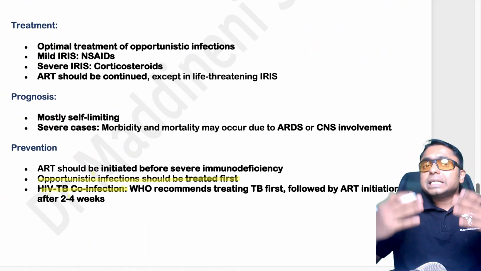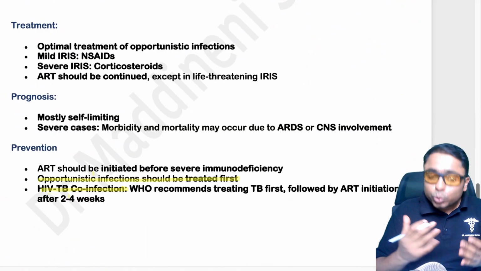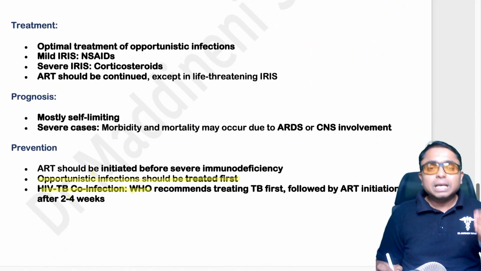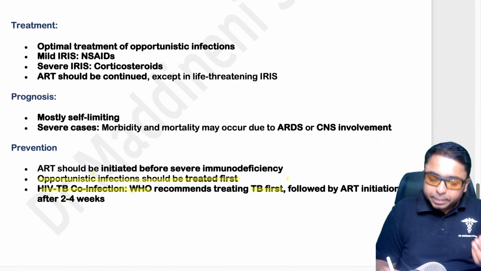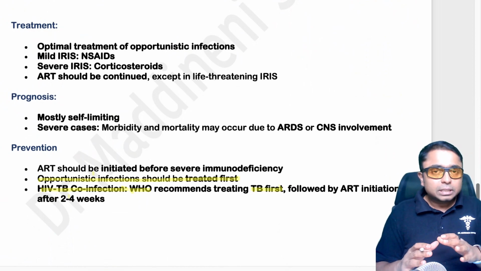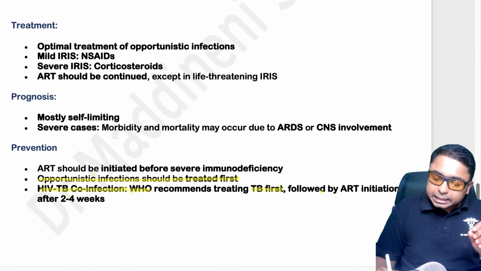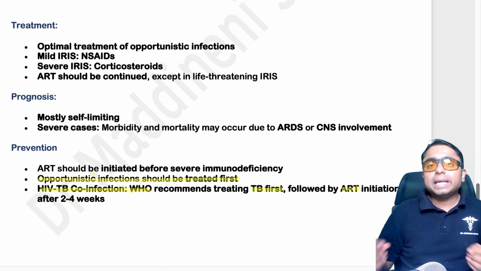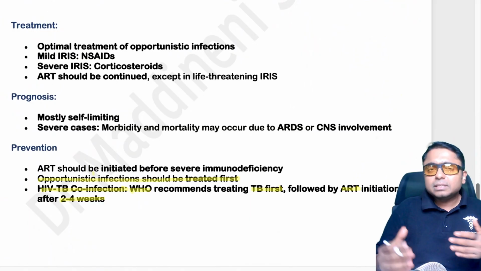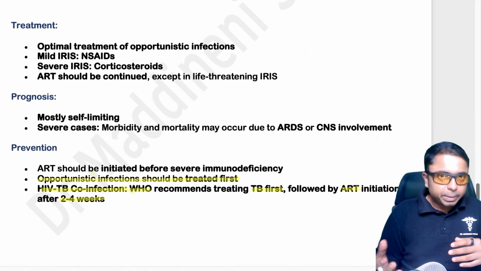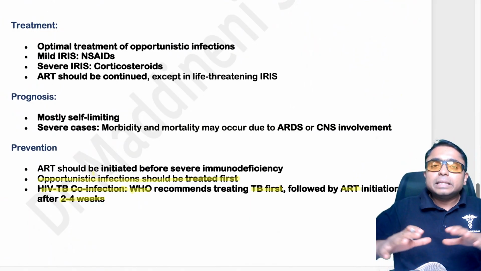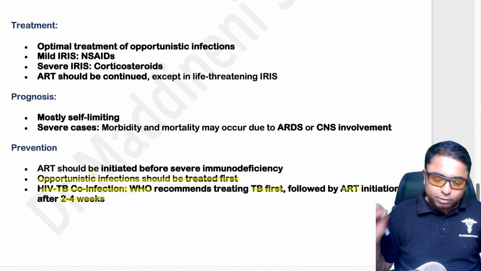If a patient has HIV-TB co-infection, then what should we do? What the World Health Organization recommends is to treat the TB first, so that there are no bacilli, and after that start the ART. After 2 to 4 weeks, that is after 1 month of TB treatment, start the ART. Then there will not be any IRIS.